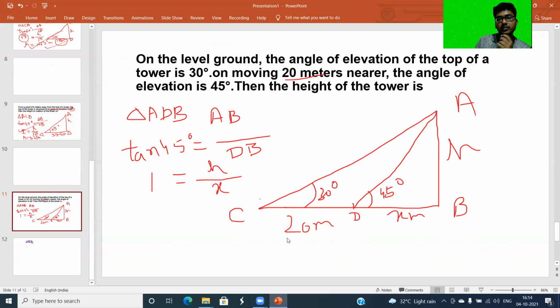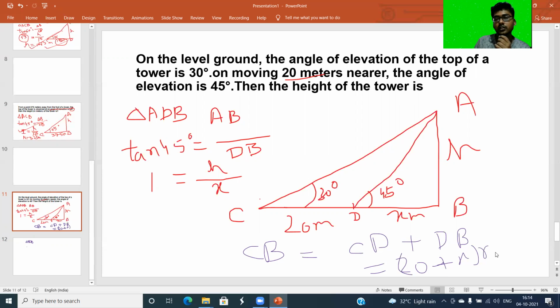Height is H and base is 20 plus X. CB is CD plus DB, CD means 20 plus DB means X. So the base is 20 plus X and the height is H. Angle ACB is 30 degrees.